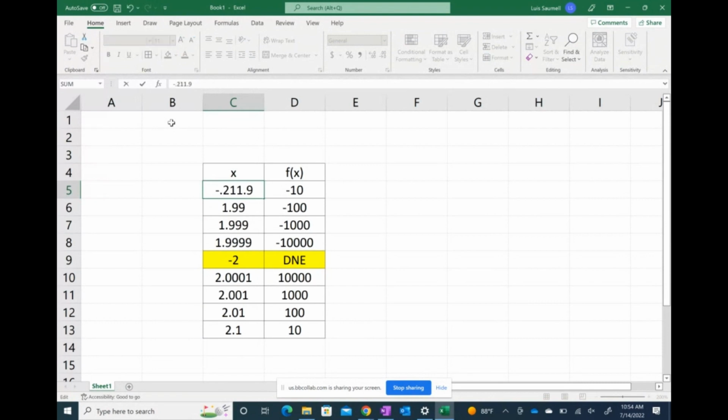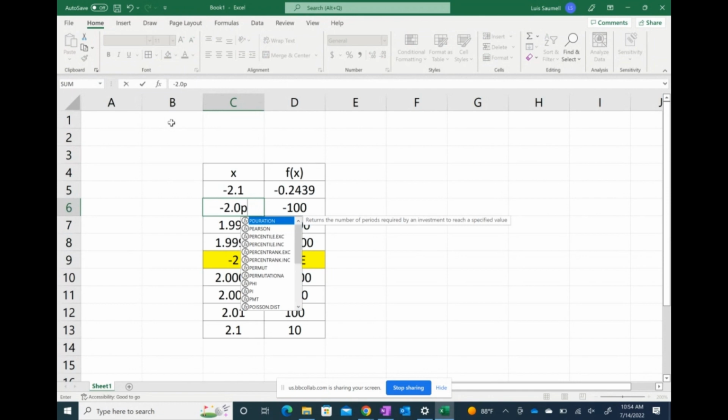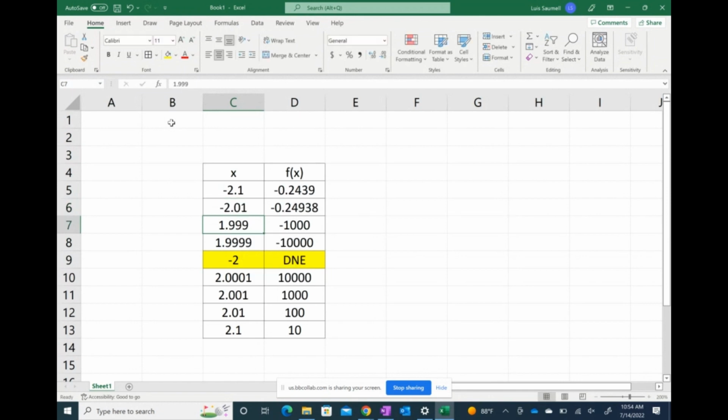So negative 2.1, then negative 2.01, then negative 2.001, negative 2.0001. And then here we do negative 1.9, negative 1.99.